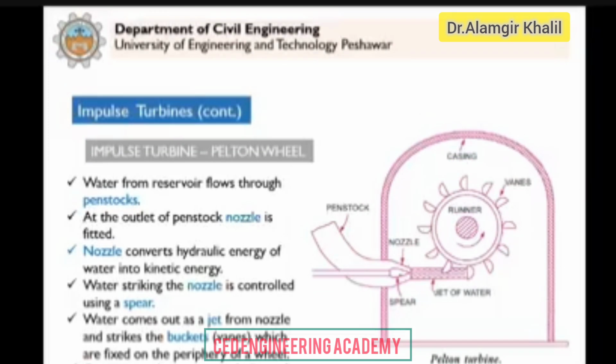Now in this case, as I said, this needle that we provide to control the quantity of water supplied to the turbine to control the speed is not the only arrangement. There can be other possible arrangements. What could that be? If we do not have this spear, we can provide a jet deflector that will come here.